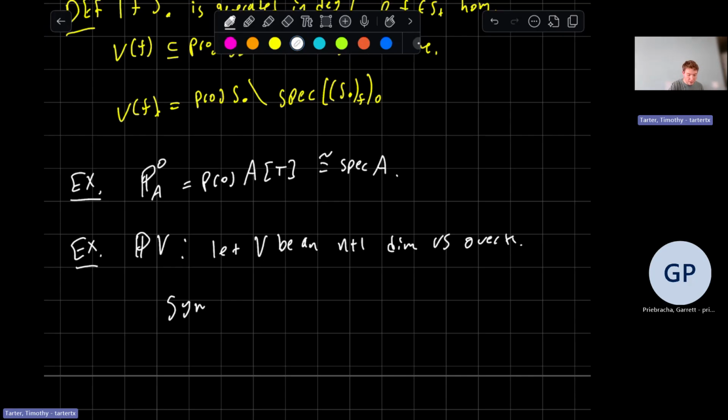Then we're going to define the symmetric algebra over V as K direct sum V to whatever this V is. Oh, dual. This means dual. V, the dual of V.